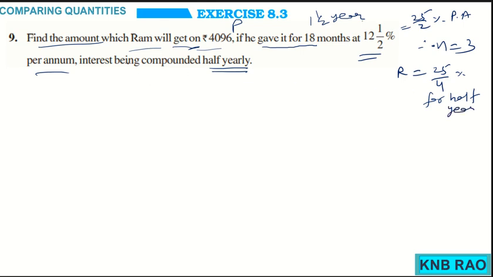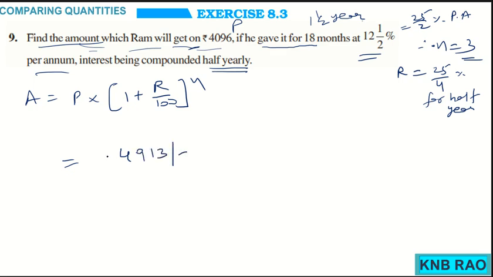So again you have to find using the same formula, A equals P into 1 plus R upon 100 raised to the power N, substituting N as 3, R as 25 by 4 and principal as 4096. Then you will get 4,913 rupees as the amount. So you do the middle calculations on your own.